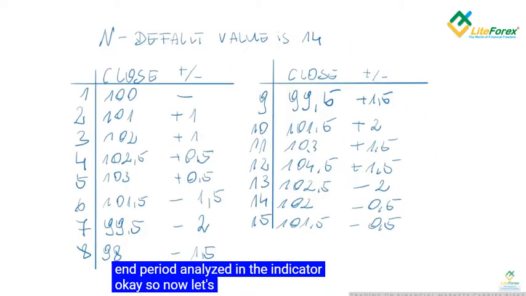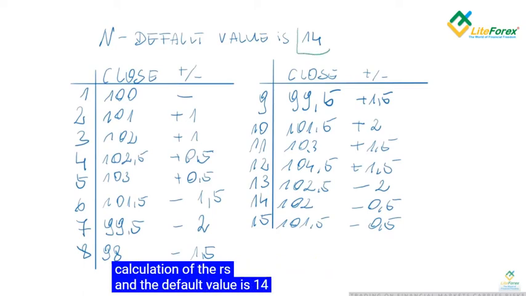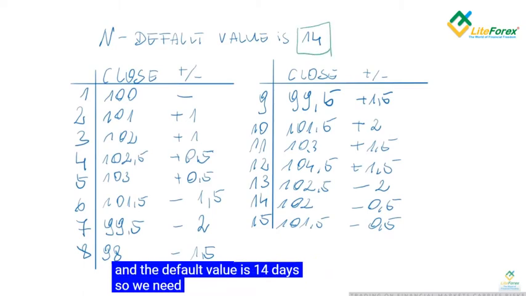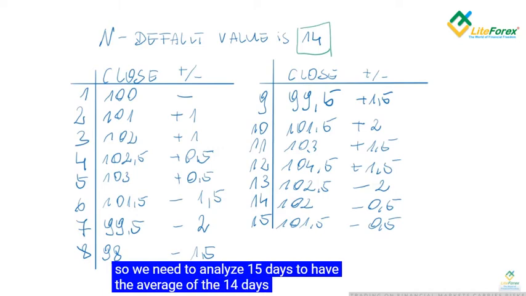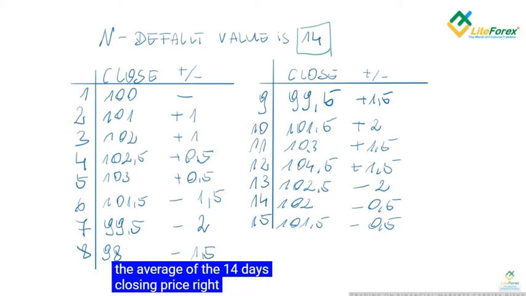Okay, so now let's go further with the calculation of the RS, and the default value is 14 days. So we need to analyze 15 days to have the average of the 14 days closing price, right?